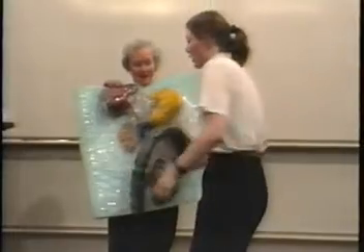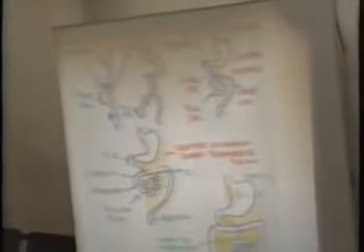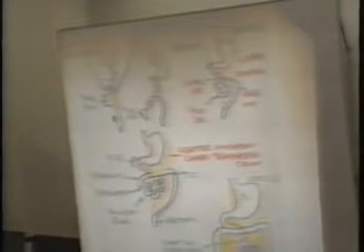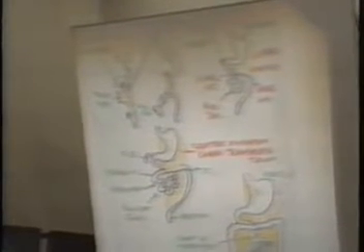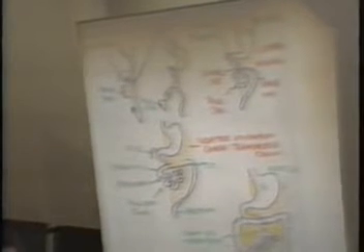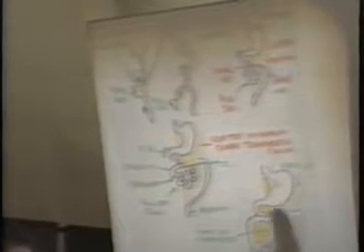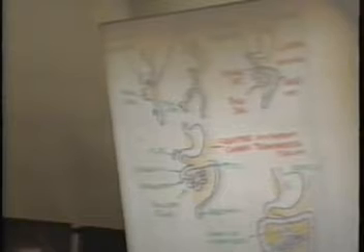Now if I can just pop up another OHP here. These are normally the pictures that you see in the books, this style of picture, in order to indicate the rotation of the GI tract. Okay? What's happened now is that the small intestine has become very convoluted and the large intestine is all the way around the side.